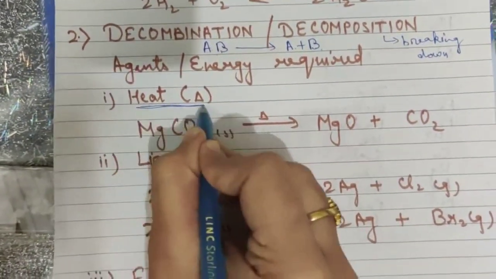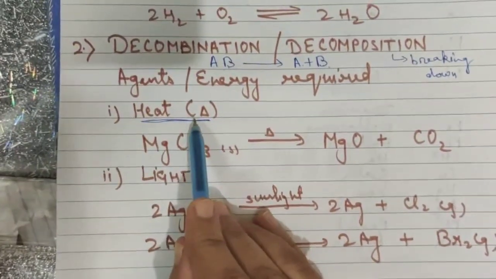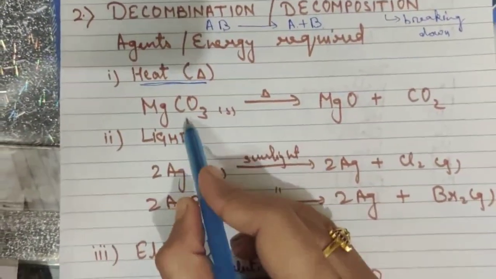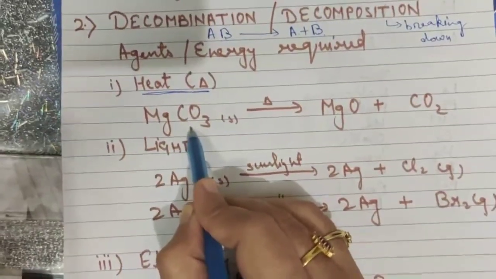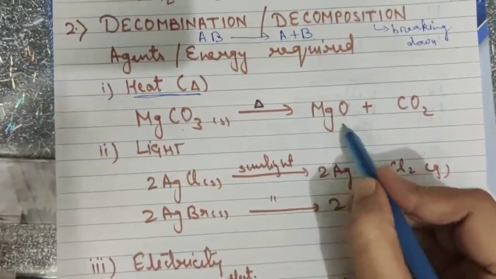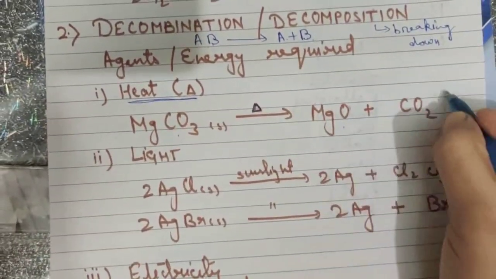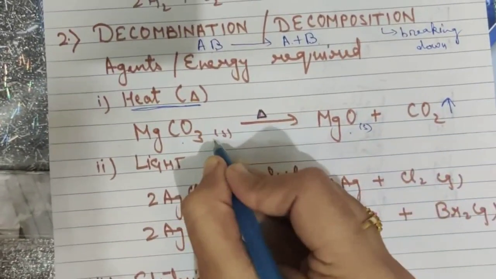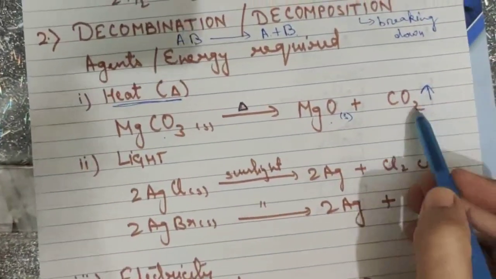Most decomposition reactions occur in the presence of heat. For example, magnesium carbonate requires heat to decompose into magnesium oxide and CO2. Magnesium oxide is solid, magnesium carbonate is also solid, and CO2 is a gaseous product.